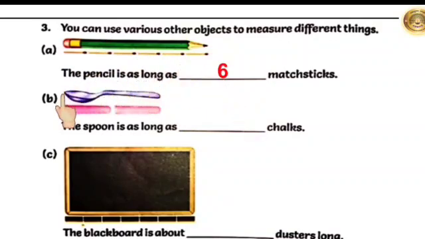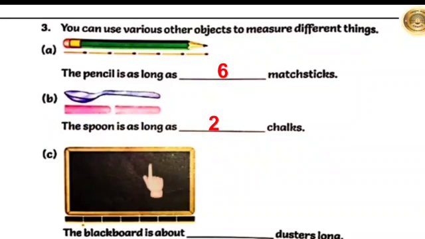And the next example is a spoon. The measure of this spoon we have measured with the help of chalks. How many chalks is equal to one spoon? 2. This spoon is as long as 2 chalks.